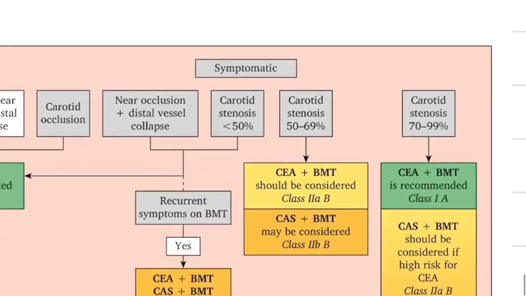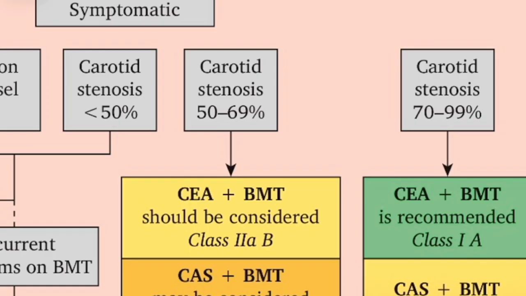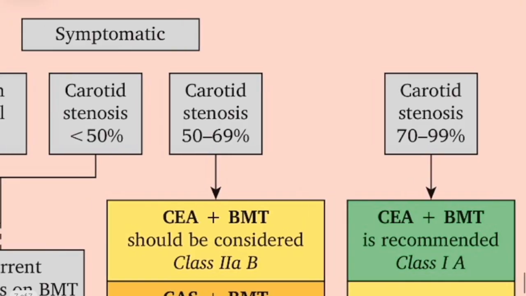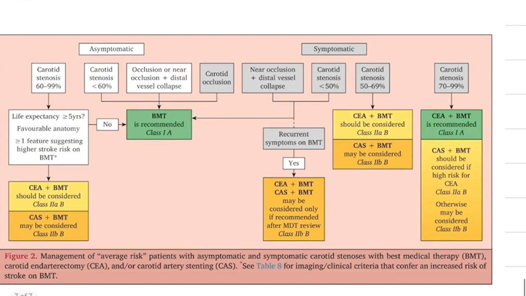Whereas in symptomatic cases, meaning they have come with a TIA or some symptoms suggestive of numbness or minor stroke, then intervention is suggested definitely when there is a stenosis between 70 to 99%. Between 50 to 70% also we can subject them for procedure, but that comes under class 2A or class 2B recommendation. I hope this is very clear. You should not have any confusion.